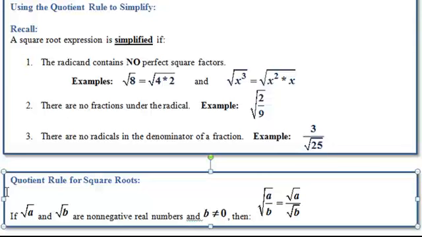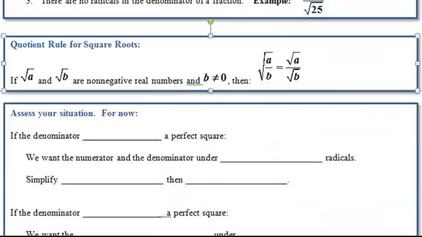Okay? So the quotient rule is very similar to the product rule. We just have one additional feature, and that's that b can't equal 0, because we can't have a 0 denominator. So the quotient rule tells us we can pull it apart and push it together, my little accordion.